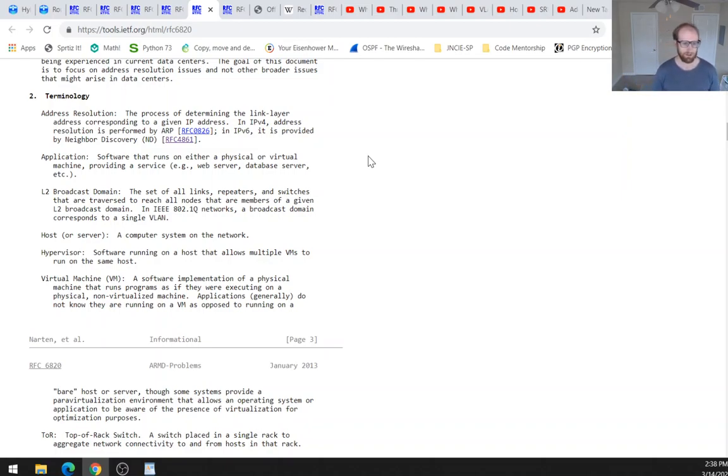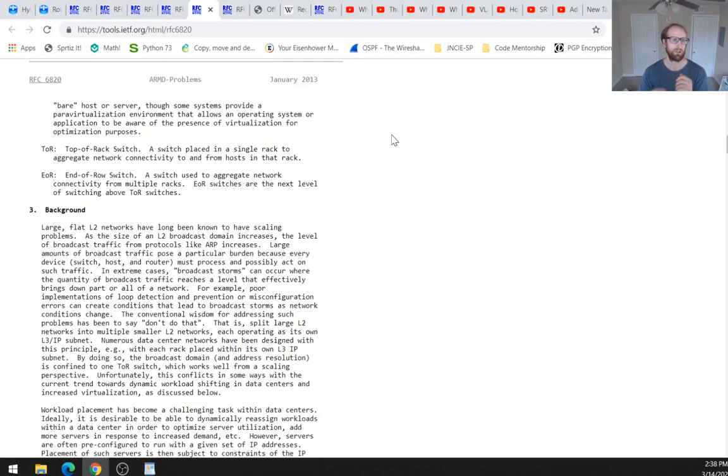Applications generally do not know they are running on a VM as opposed to running on a bare host or server, although some systems provide a para-virtualization environment that allows an operating system or application to be aware of the presence of virtualization for optimization purposes.